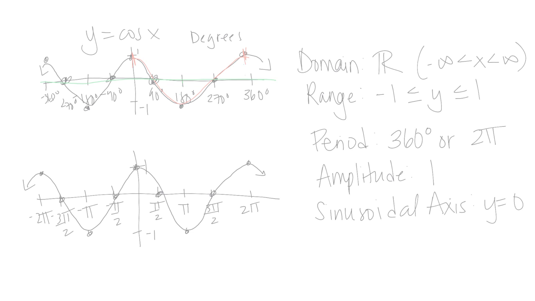And now the important thing for cosine that you remember is that it starts at the maximum value. So if you look back at this graph, the start, I would say, is here, and that started at the maximum. Start is here, that started at the maximum. And that's going to be really important for when we start shifting and transforming the graphs. Okay, so in the next slide, I'm going to give you the definitions. That's also something I want you to write on the homework paper.